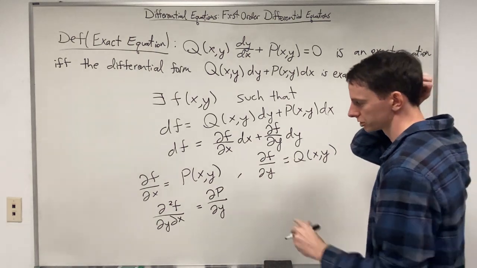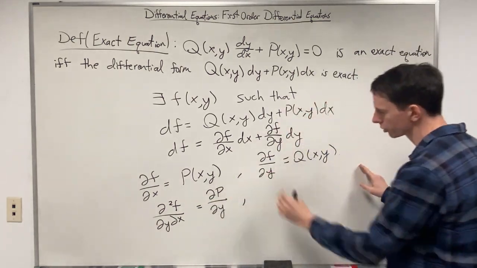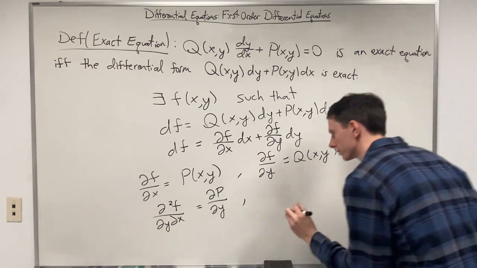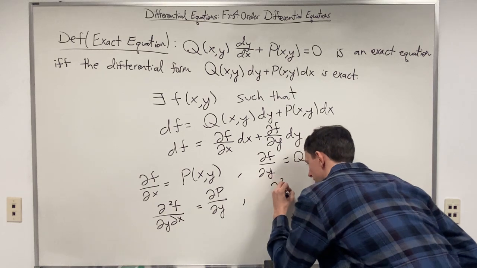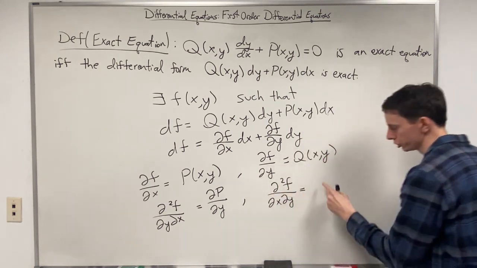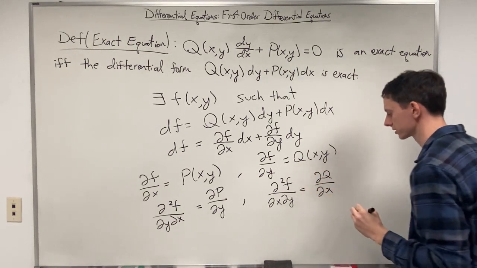It's just the act of differentiating both sides by y. And on this right equation, if I differentiate both sides with respect to x, I'm going to get partial squared f partial x partial y equals partial q partial x, like this.